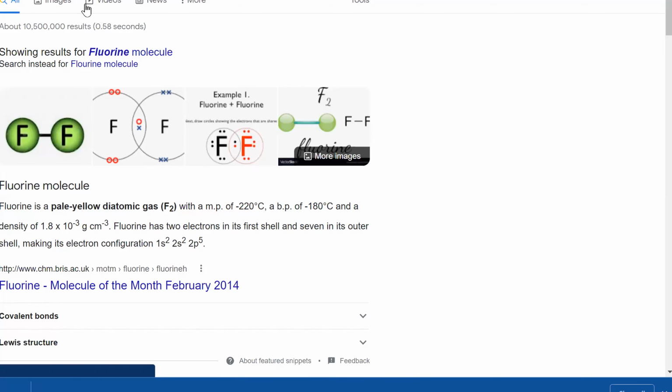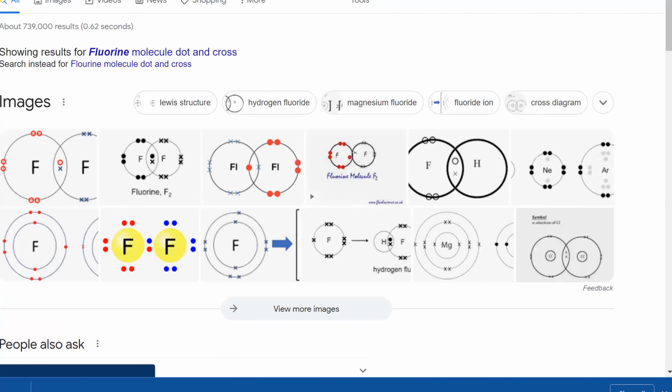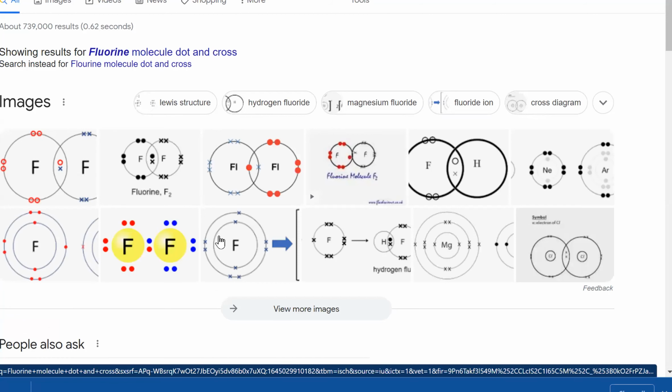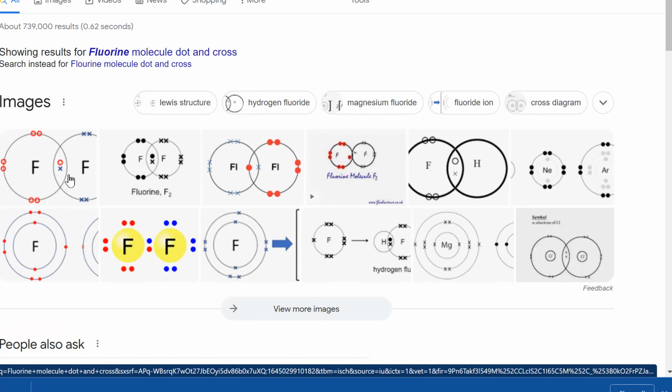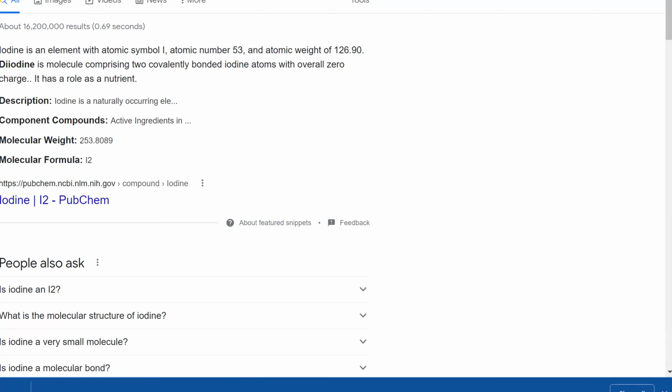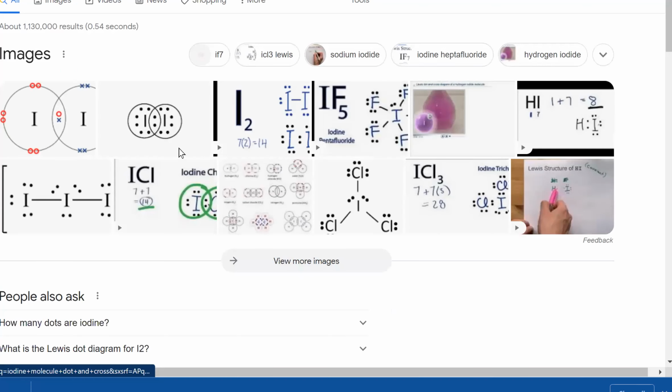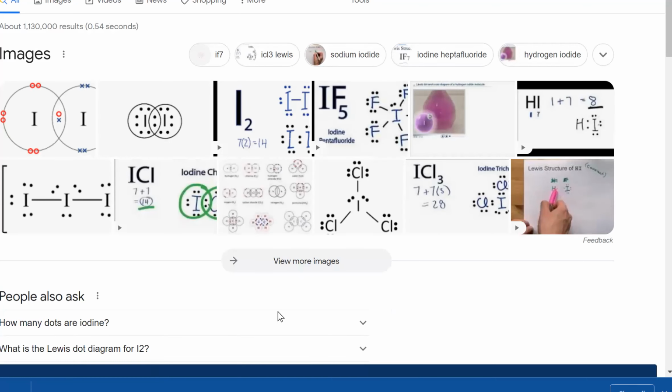Okay, dot and cross. So maybe let's go with this. And they're just drawing the outer shell. No, they're mostly outer shells.